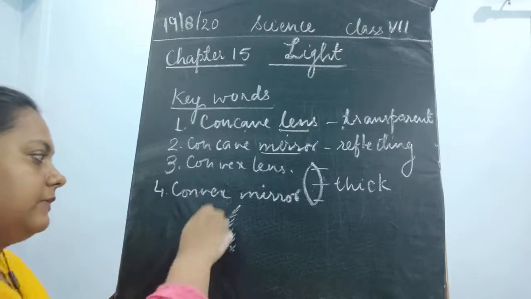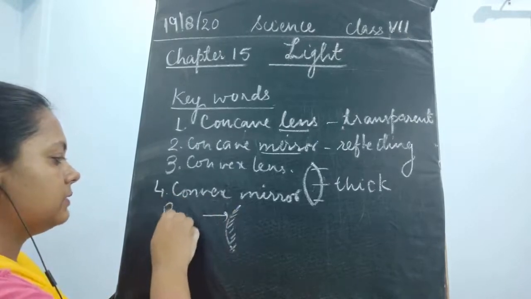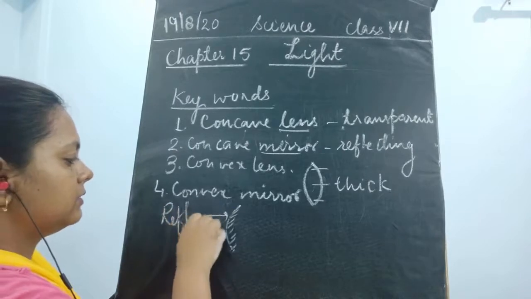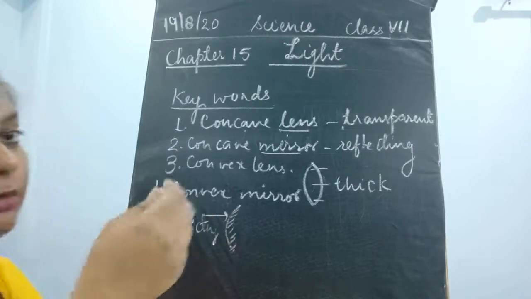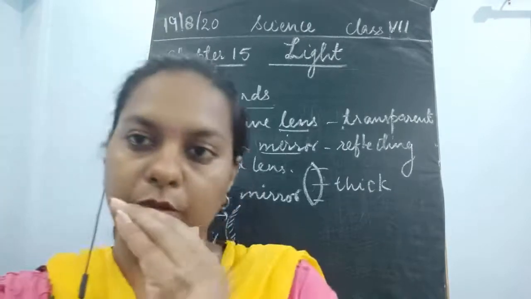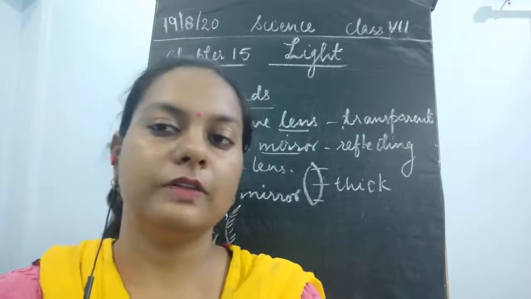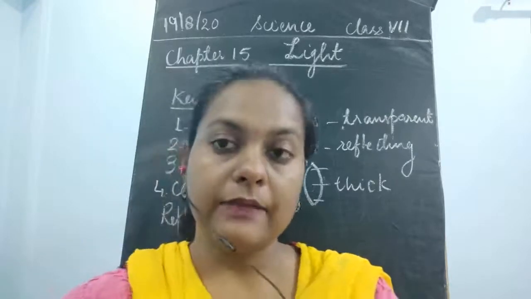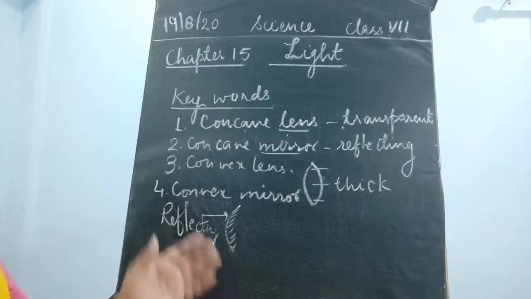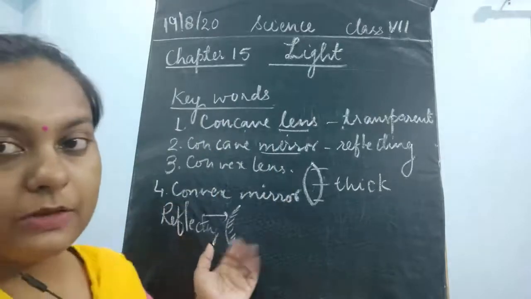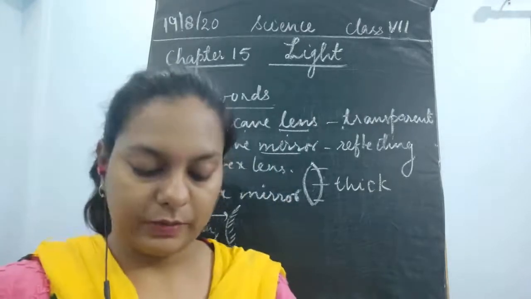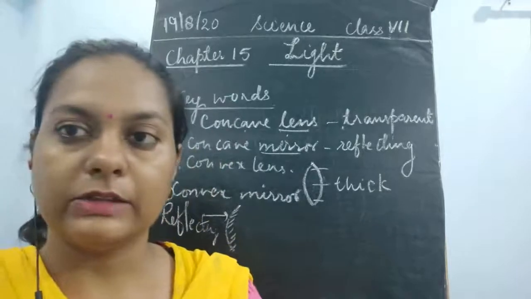So this is a reflecting surface which is curved outwards, and this is known as a convex mirror. One side is reflecting and the other side is non-reflecting.